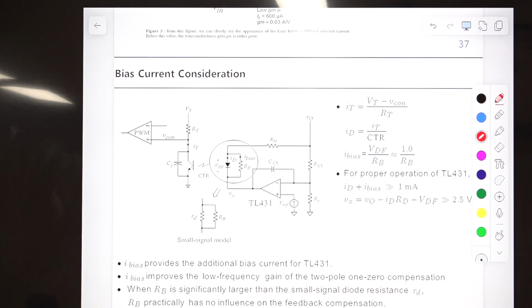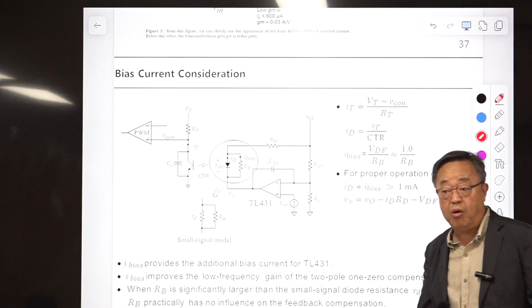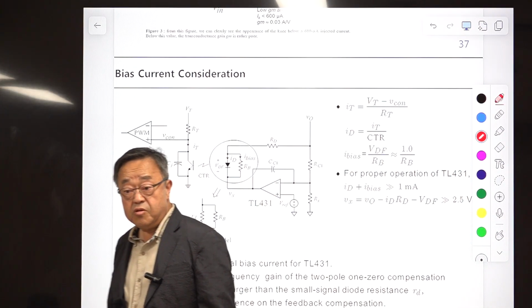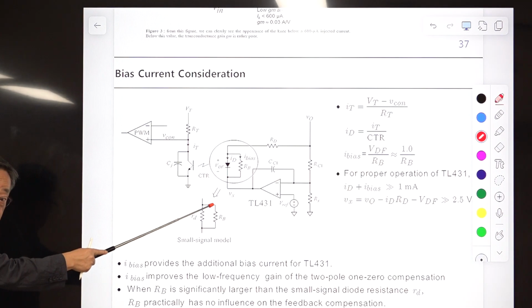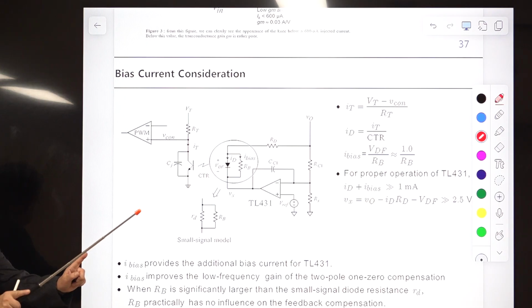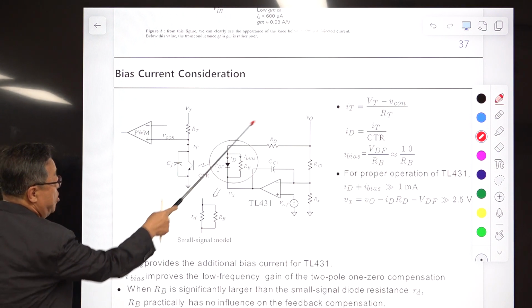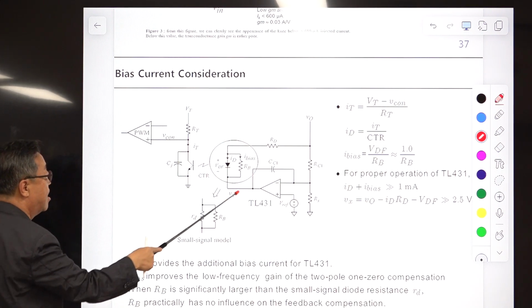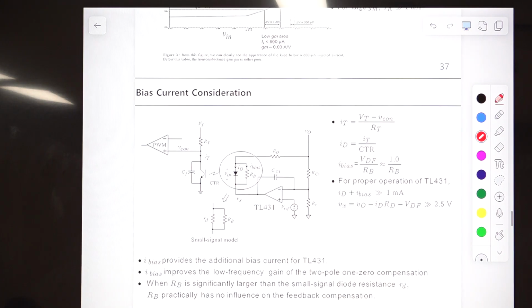Then this RB should be small, much smaller than this. RB is on the order of 100 ohm, 200 ohm, something like that. If this is 50 ohm, then that's nothing. It is ignored in small-signal analysis, so you don't have to consider this resistance or this resistance. You are assuming this RD is dominating everything. But there is some additional auxiliary current coming from the diode to boost the bias current of this. So that is written here.